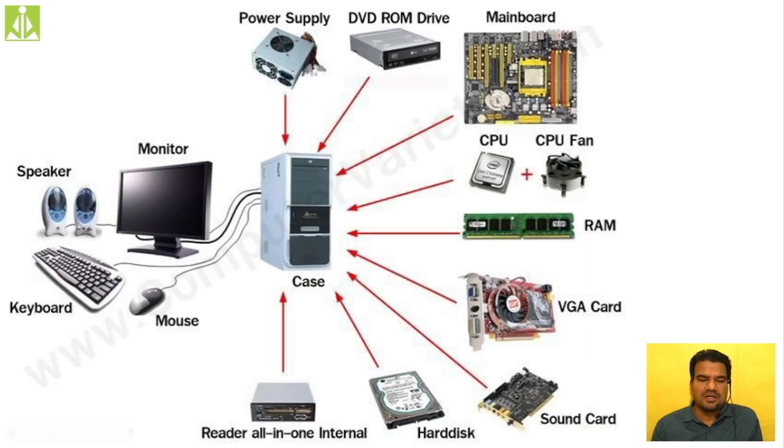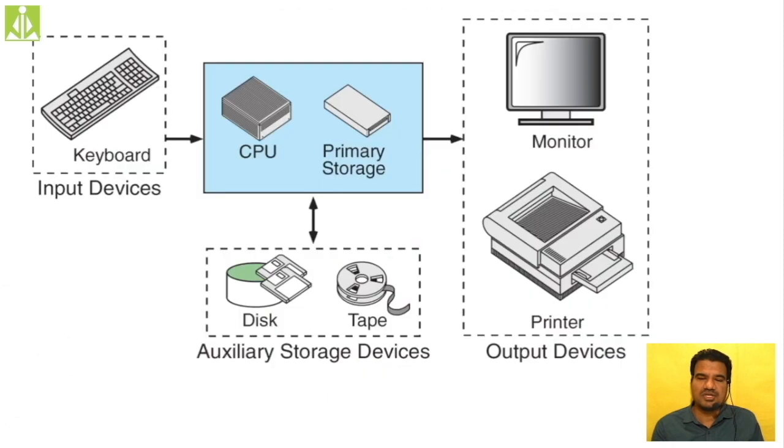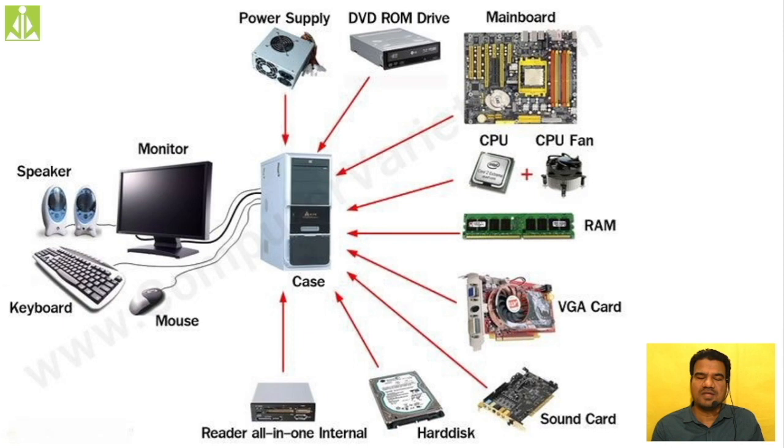So this is another picture to give you an idea of what exactly we are going to have. Over here they are simply showing box diagrams, but here you can have the real-time representation of these hardware components. As you can see, quickly I will give you an idea.